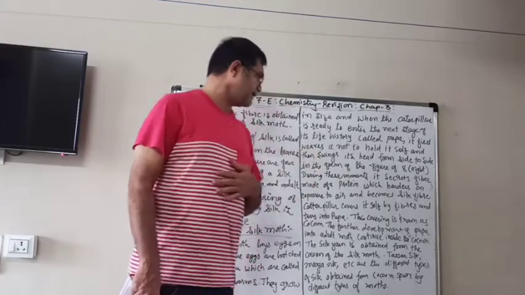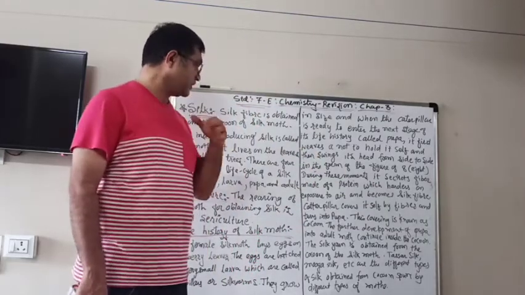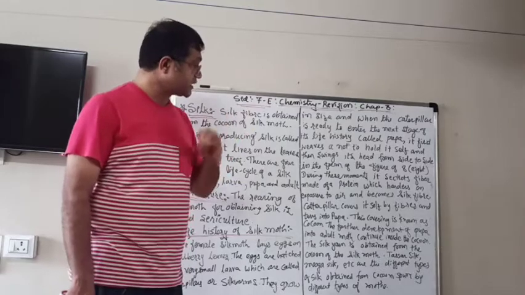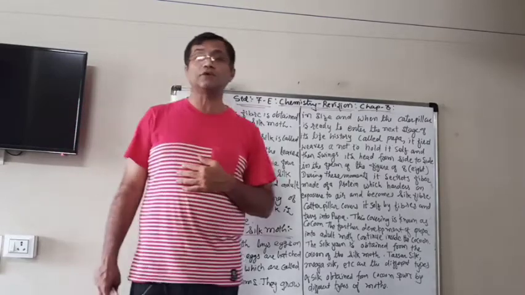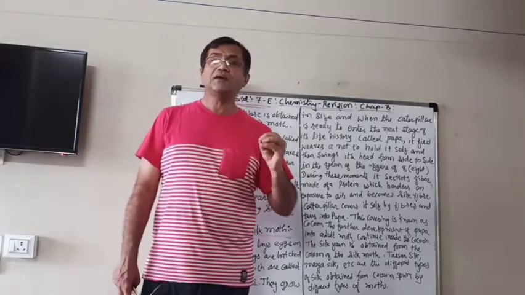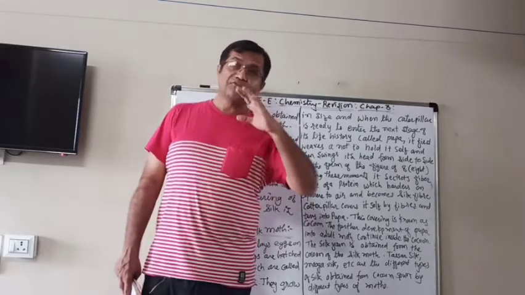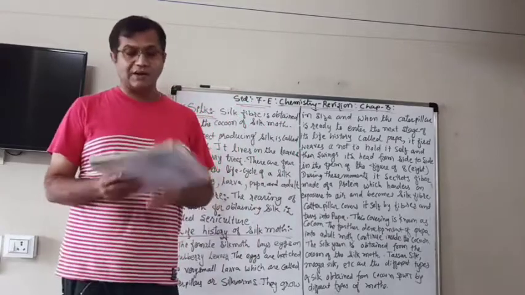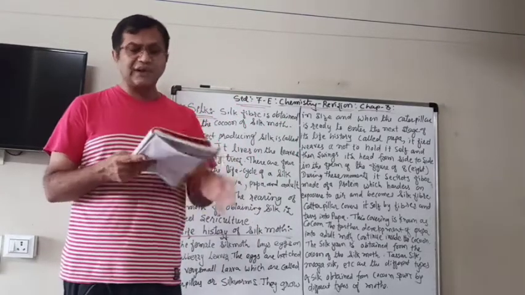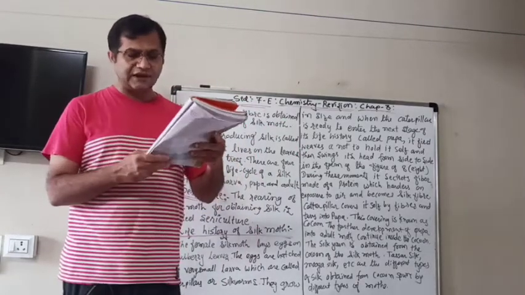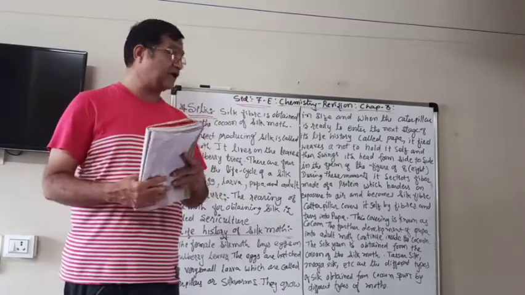The further development of pupa into adult moth continues inside the cocoon. So when the cocoon is completed and the further development of the pupa takes place inside that cocoon, and then what happens?